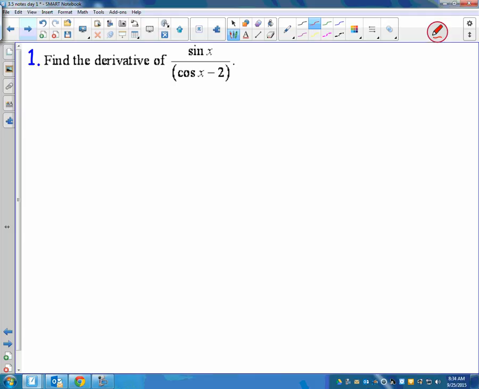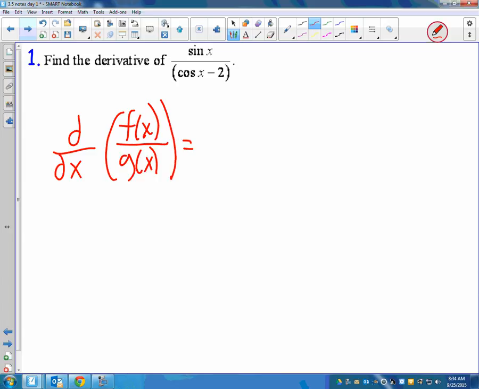Let's do the quotient rule. We have a lot of rules that we've been working on the last couple weeks for derivatives. One of them is the quotient rule. If you want to take the derivative of a function divided by a function, who can tell me the quotient rule?